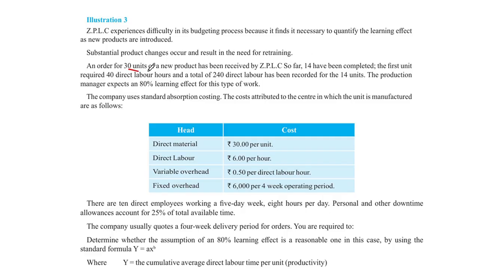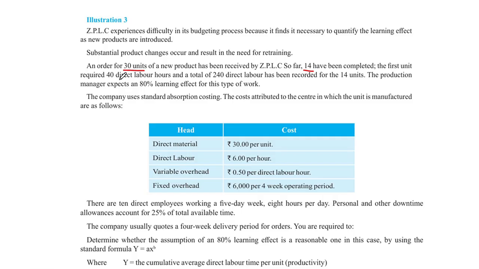An order of 30 units of a new product has been received by ZPLC. So far 14 have been completed. They have initially received the 30 units of new product, and out of 30 units they have already completed the 14 units.